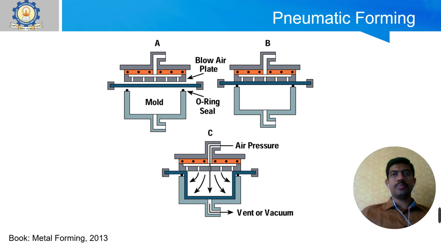Here a vacuum pressure is also applied at the bottom of the vent, which makes the plate fit exactly in the die. The plate expands to the shape of the mold. The high pneumatic pressure is your energy source, which generates the high force and makes your sheet metal deform and take the shape of your die. This is how pneumatic forming works.